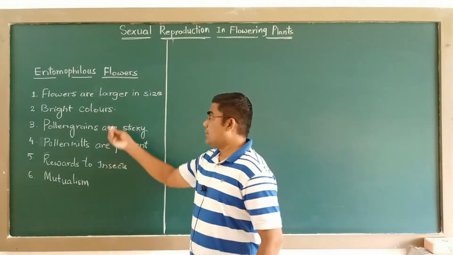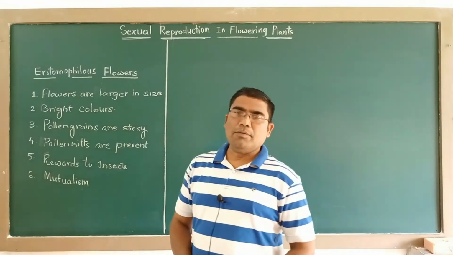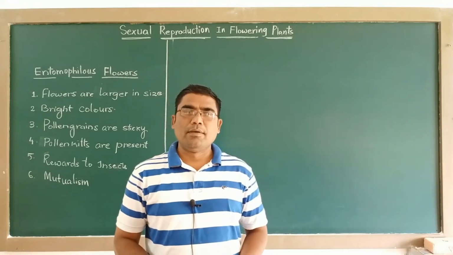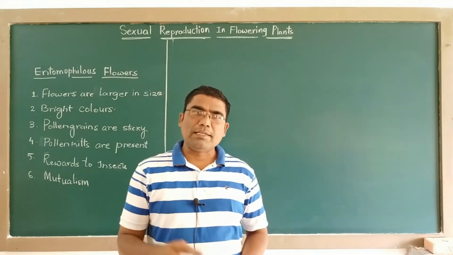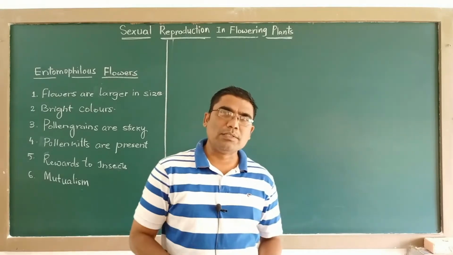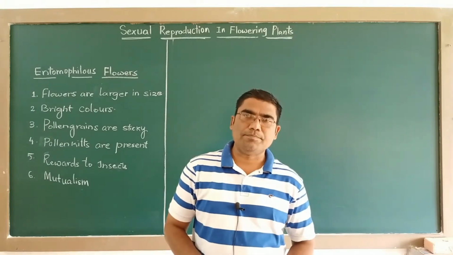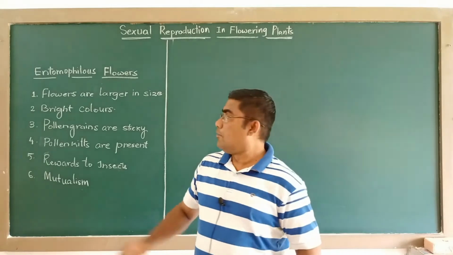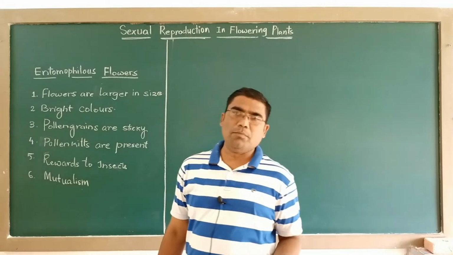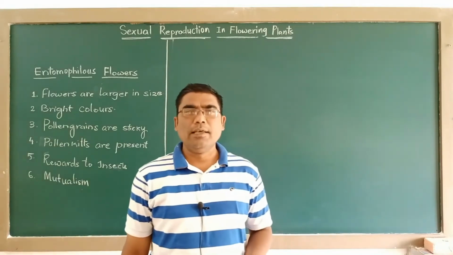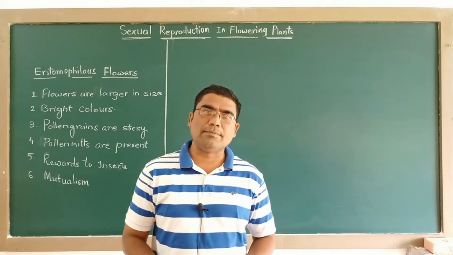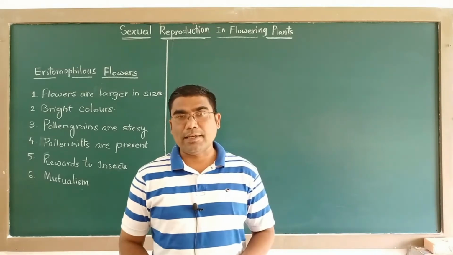Whereas the second one is bright colors. Flowers produce bright colors. Due to the bright colors, insects are very easily attracted towards the flowers. Here, petals and sepals, what we call non-essential floral parts, produce bright colors, different types of colors to attract the insects.